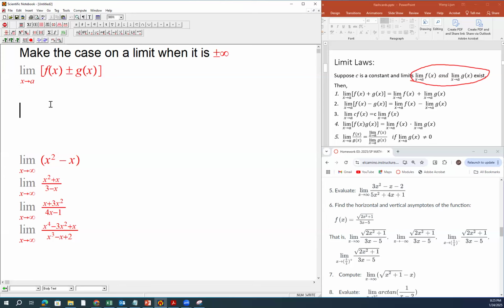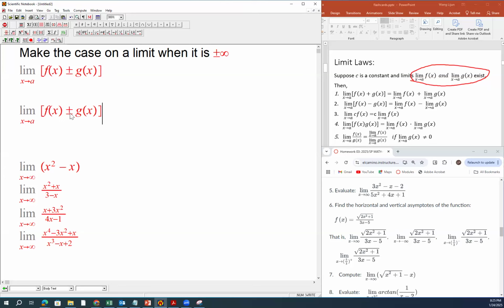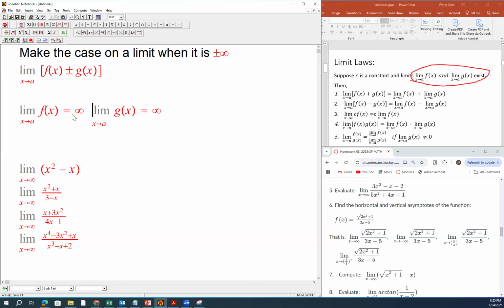We have a limit where one approaches infinity, and it could be x approaching a or x approaching infinity, and both approach infinity.